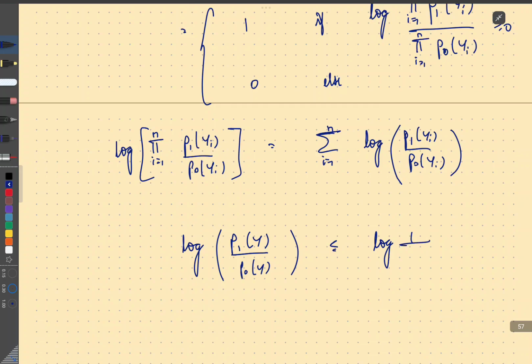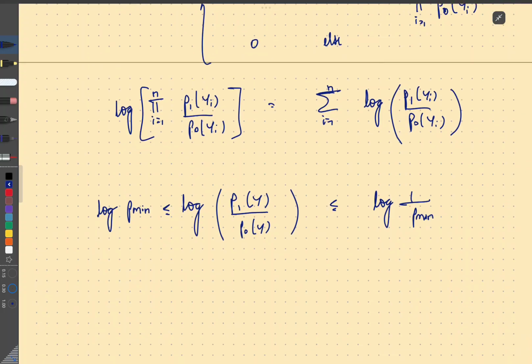What is the minimum value the probability can take? I've made some assumptions on the distribution. I've assumed that the minimum probability is P min, which is strictly positive. So this is less than or equal to log 1 by P min. This is at least log P min.